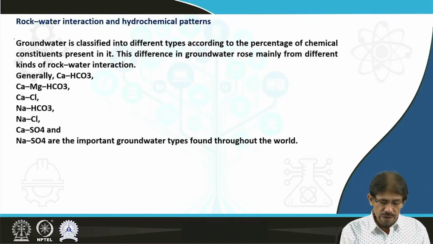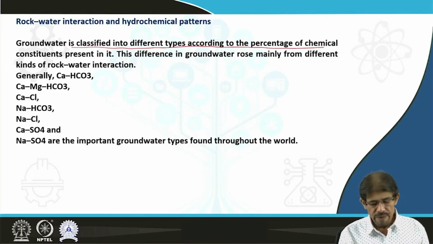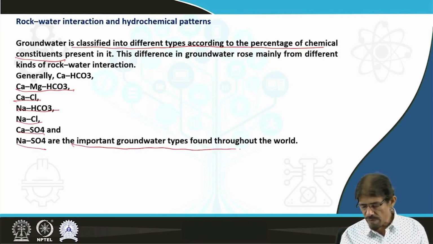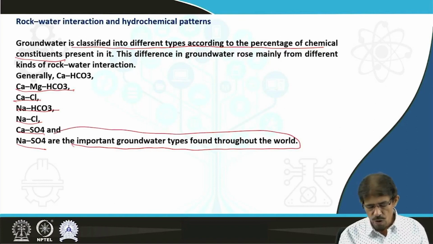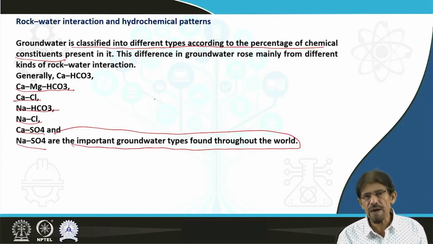Based on the chemical constituents, we classify groundwater: CaMgCO3, CaCl2, NaSCO3, NaCl, CaSO4 and NaSO4 are important types of groundwater found throughout the world, and it is due to rock water interaction.